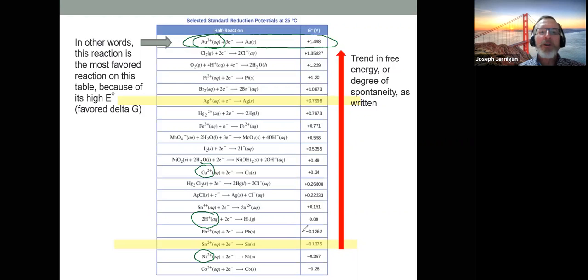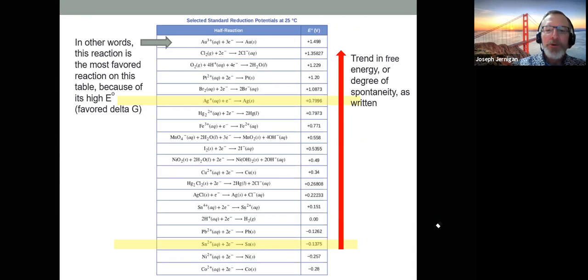You don't hear about gold 3+ much. Now you can make it, but one of the reasons you don't hear about gold 3+ is because, and Nathaniel just answered the question, we all know about this guy gold. It loves to be gold in the zero state. The reason it does is because gold 3+ will oxidize almost anything.